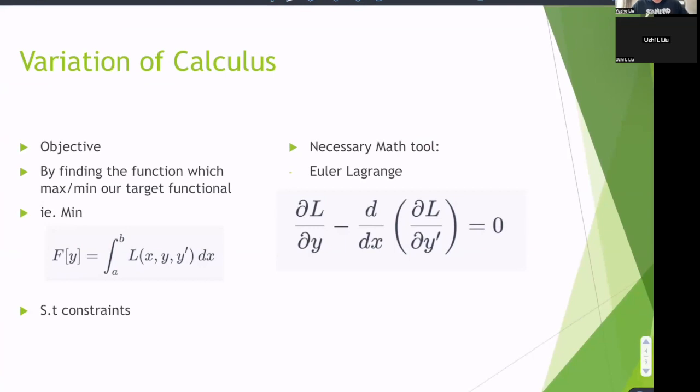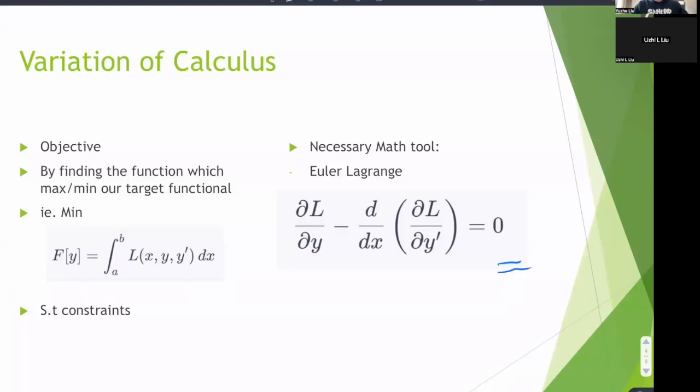We will also talk about it later on, and I will introduce a really powerful tool called the Euler-Lagrange equations. We first have to set up a Lagrange function, then take partial derivatives with respect to the function and its derivative, and we require the equation to always hold.